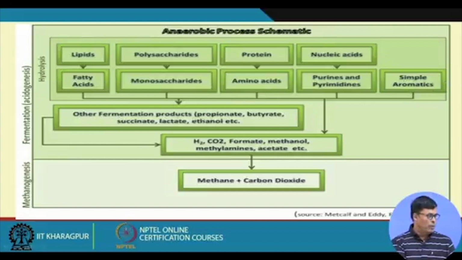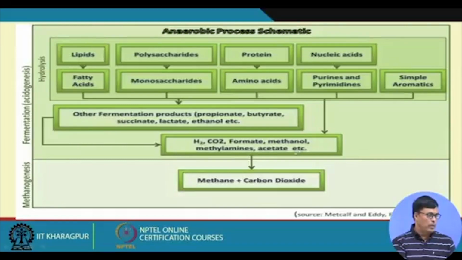These are again converted to volatile fatty acids like propionic, butyric, and lactic acid, and also ethanol and acetic acid. But these are higher acids. This passes through the acidogenic process and converts to acetate and higher organic acids like butyrate and propionate.